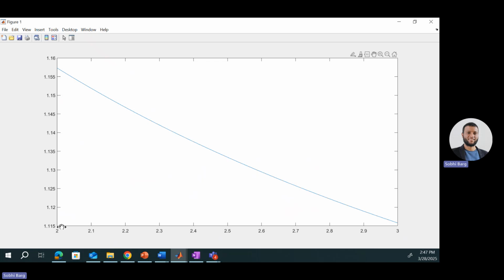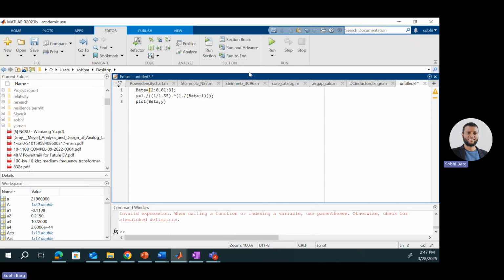And this is for beta varying between 2 and 3. Maybe the loss ratio here between both materials, I considered it only 1.5 times. So the loss of 3C90 is only 1.5 times bigger than 3C95.